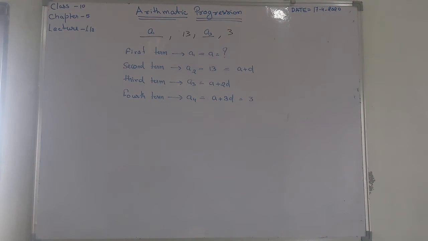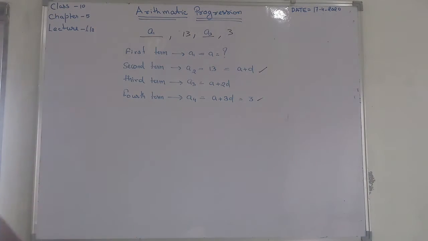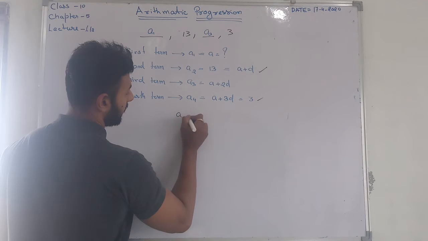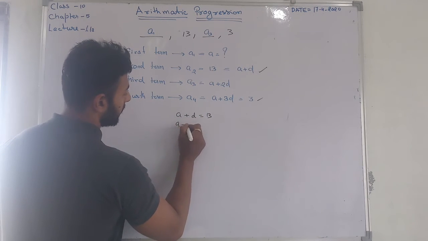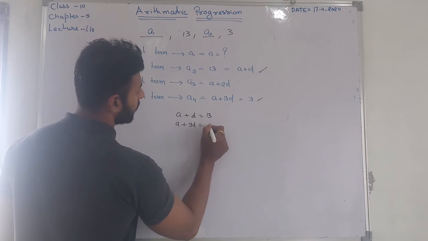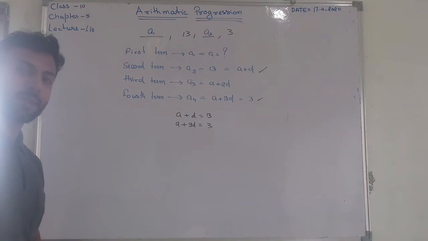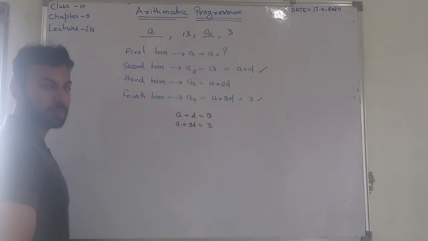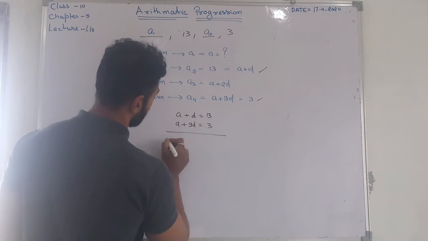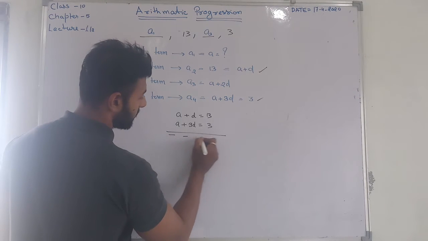Now, what are the terms which we know? 13 and 3. Writing these separately, a plus d is equal to 13 and a plus 3d is equal to 3. Solving these two like a linear equation in two variables, I am using the elimination method. Subtracting, this is minus, this is minus, this is minus.